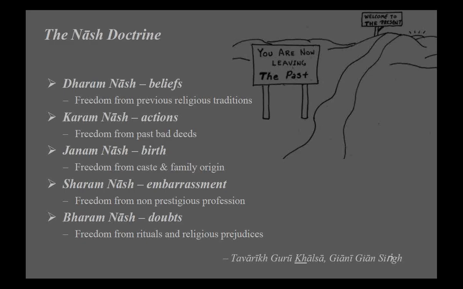And what we're showing over here is the different areas in which, as a result of 1699, the Sikhs that joined in through the ceremony of Khandey Ki Pahul, what's really happening from a symbolic and a physical or a realistic perspective. Dharam, Karam, Janam, Sharam, and Bharam.